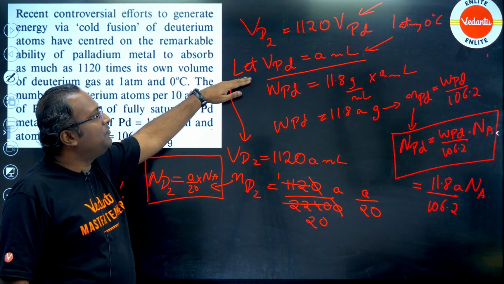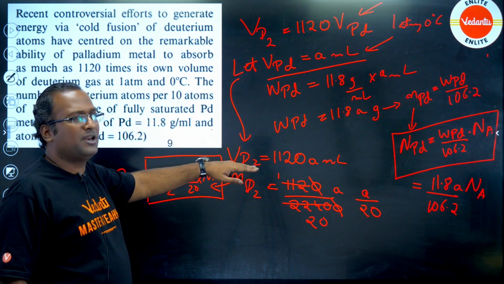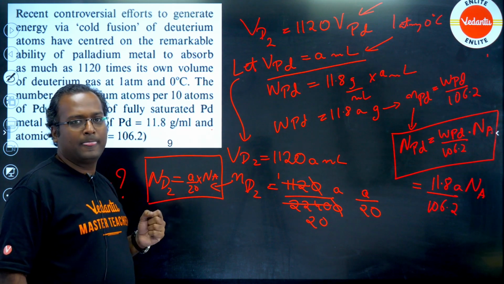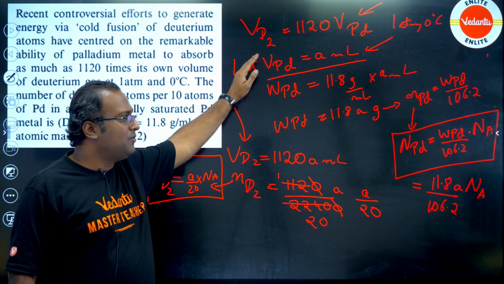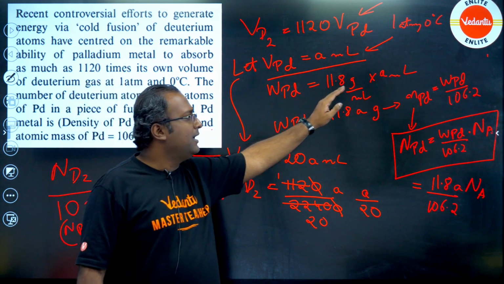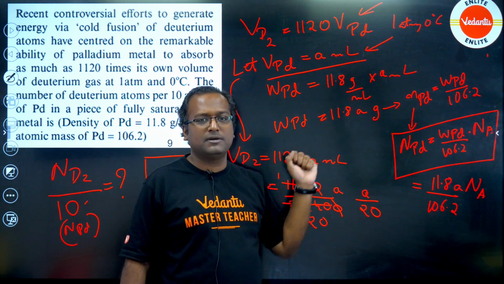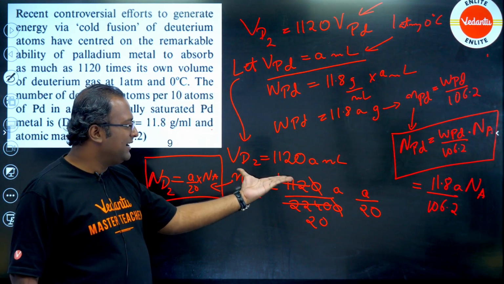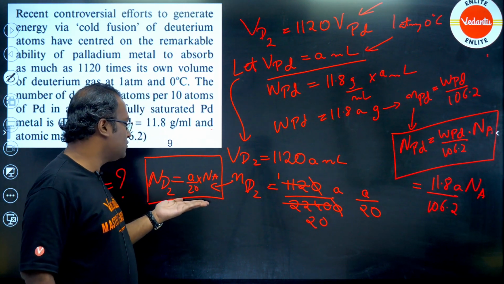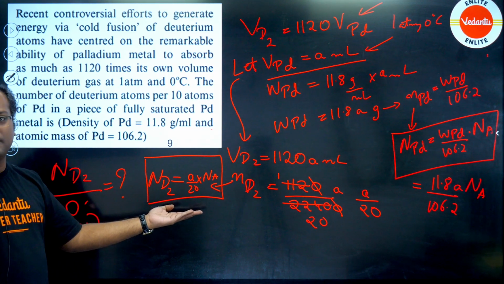We assume the volume of palladium to be A ml, so that we come to know the volume of deuterium as 1120 A. Now, because we assume the volume of palladium as A ml, we can convert it to weight using density and find the number of palladium particles in terms of Avogadro number. We take the volume of deuterium divided by 22400, we find moles of deuterium, and therefore we find particles of deuterium.